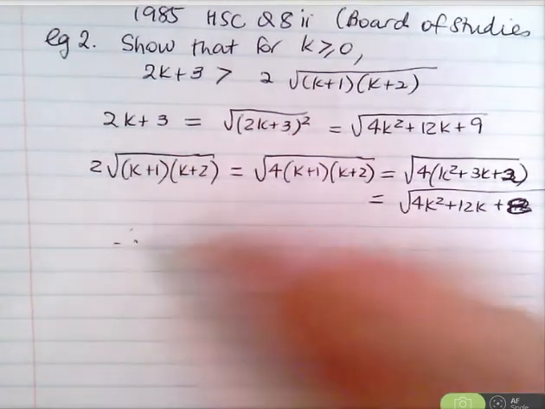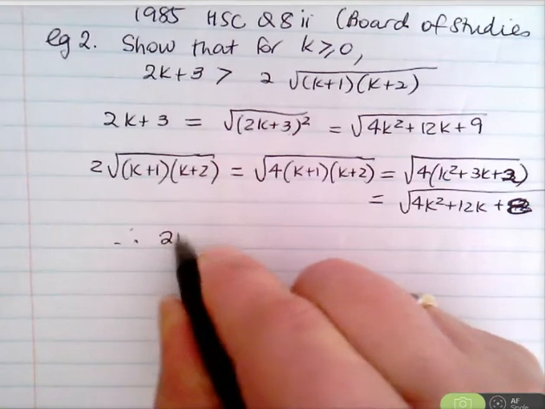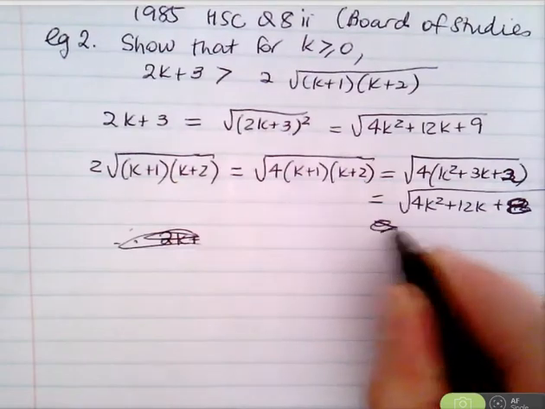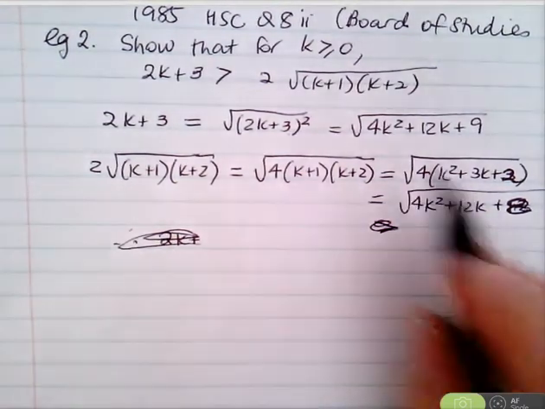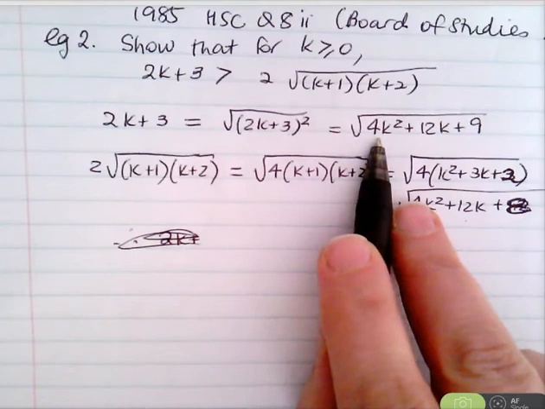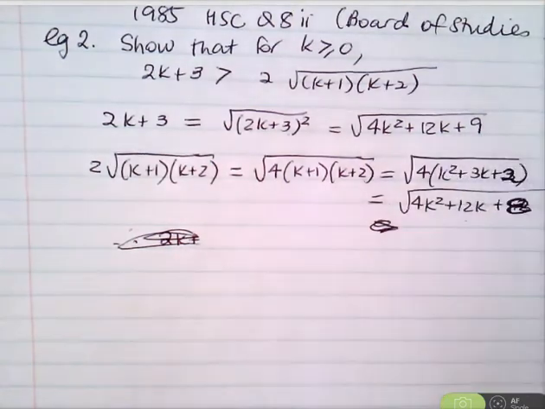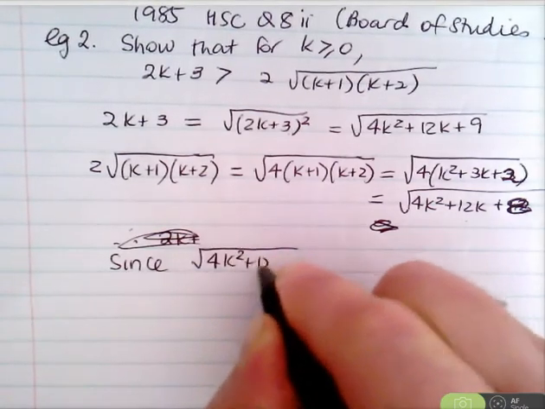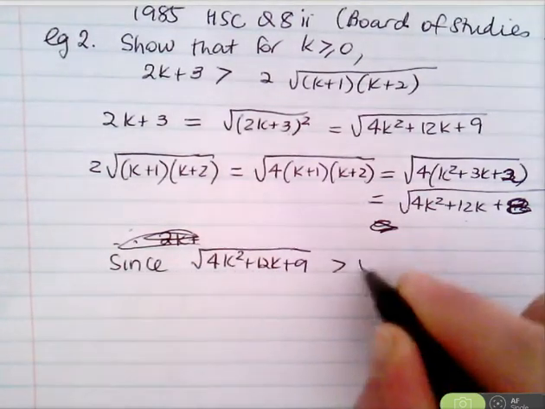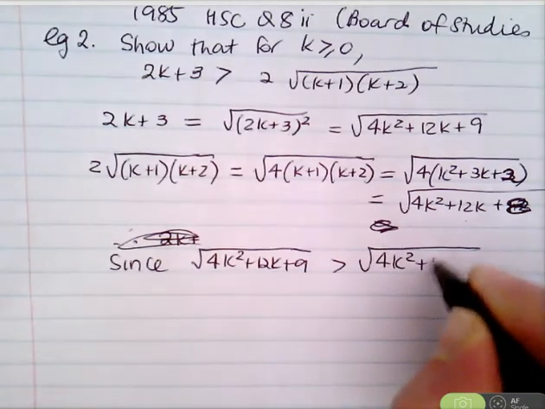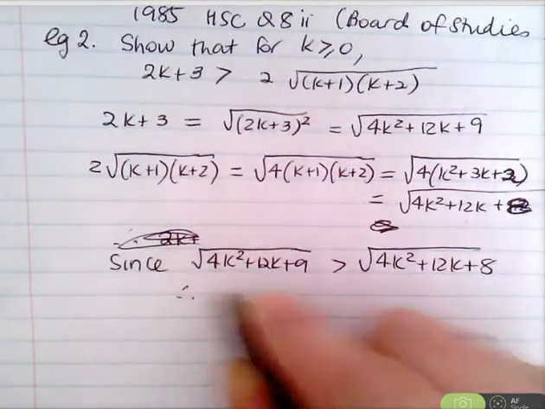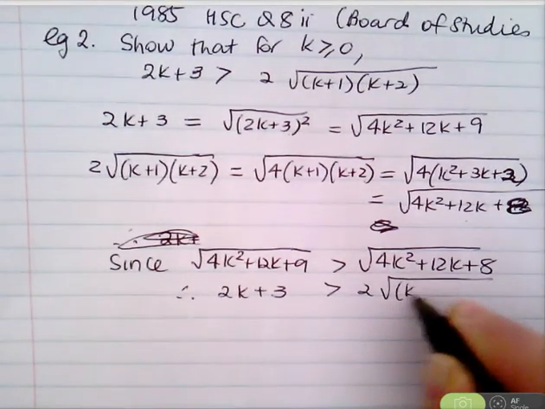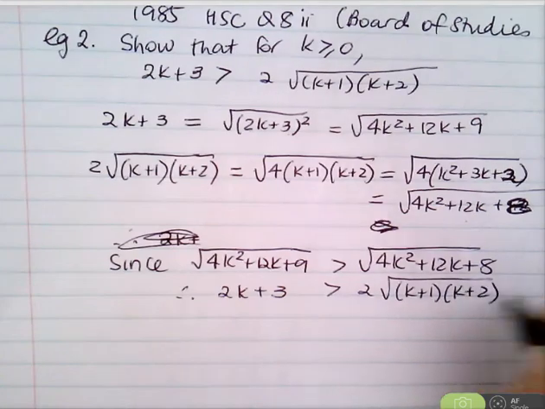So we can say that this is obviously less than the square root of 4k squared plus 12k plus 9. Since the square root of 4k squared plus 12k plus 9 is greater than the square root of 4k squared plus 12k plus 8, therefore 2k plus 3 is greater than 2 times the square root of k plus 1 times the square root of k plus 2.